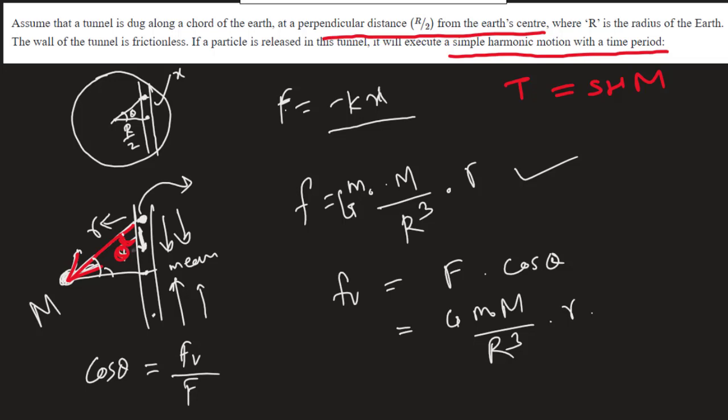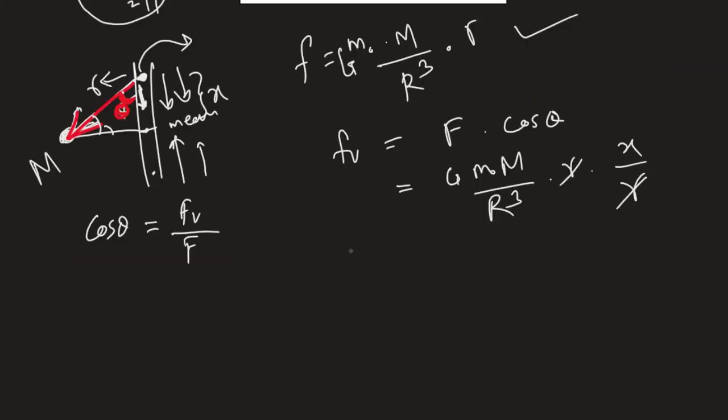So cos theta is basically, this distance is going to be x, let's assume that to be x, divided by r. So r will cancel out, and this vertical component of the force is basically the restoring force.